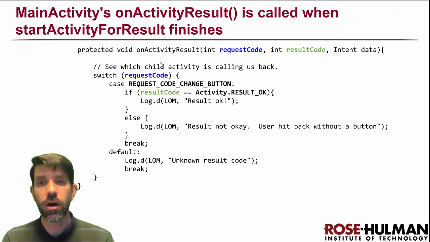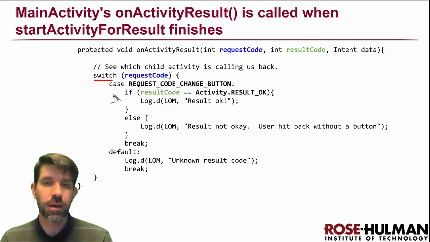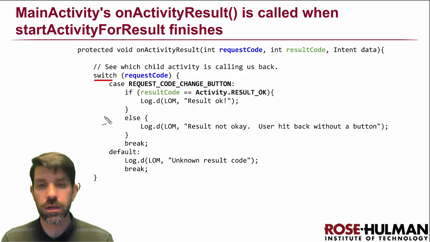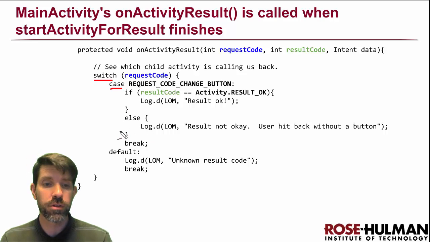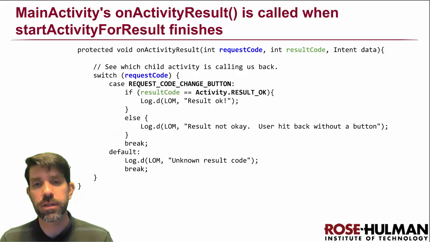When I come back to my onActivityResult, this is a little bit different framework than I've used in some other apps. Say I had a bunch of different ones, maybe a switch statement. I kept it really simple when I coded it up, just with a single if, but you could have different cases for different requests, and within each one see whether it's okay or not. In this example, I just logged some different things here. No need to do this in what we have here.